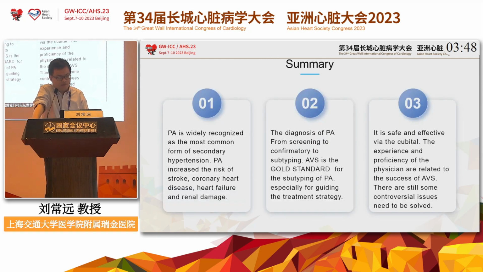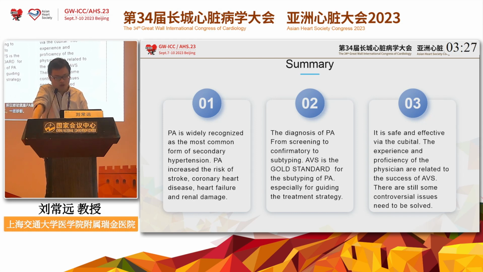In summary, first, PA is widely recognized as the most common form of secondary hypertension. PA increases the risk of stroke, coronary heart disease, heart failure, and renal damage. Secondly, the diagnosis of PA goes from screening to confirmatory testing to subtyping.